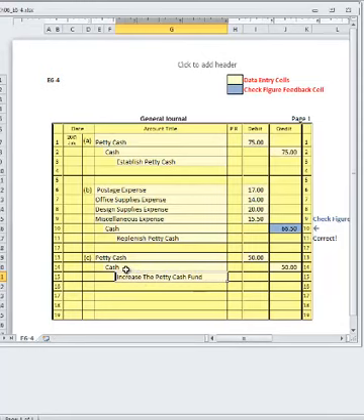Okay, so we're writing her another check for $50, and she'll cash that, and add it to the petty cash that she already has. So now her petty cash total will be $125.